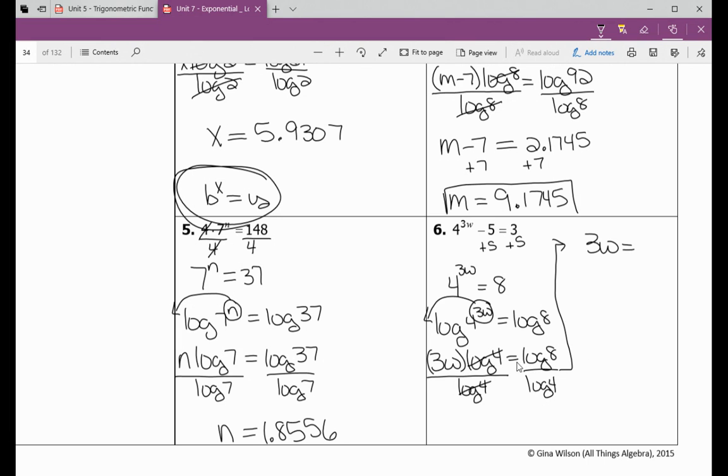And when you take log 8 and divide it by log 4, you should get 1.5. Then I'm going to divide both sides by 3. So w is going to equal 0.5. And like I said, exponents can be anything. You don't have to worry about these having extraneous solutions.